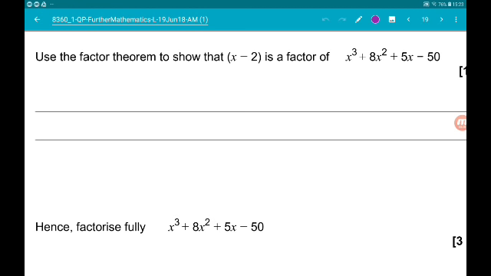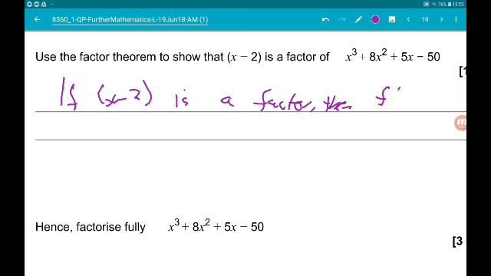So, by the factor theorem, if x minus 2 is a factor, then f of 2 will equal 0.